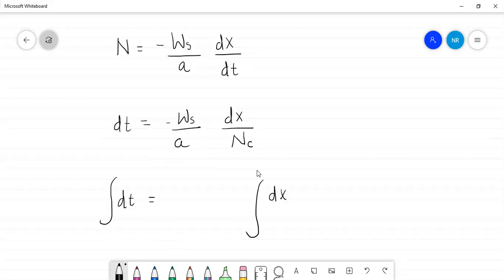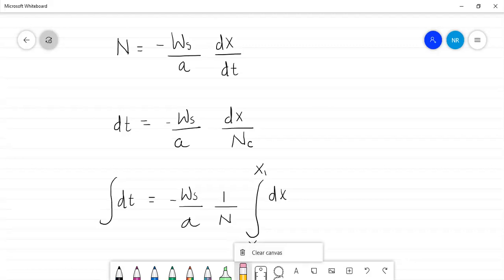Here dx is minus Ws divided by A. Now for constant rate period it's N. So we have a limit from x2 to x1.